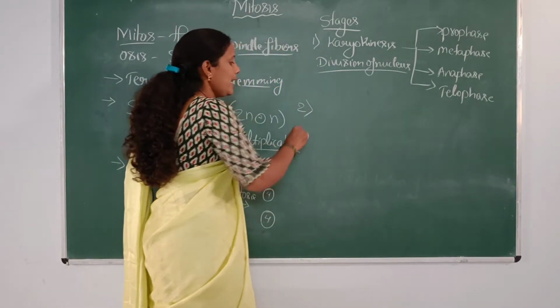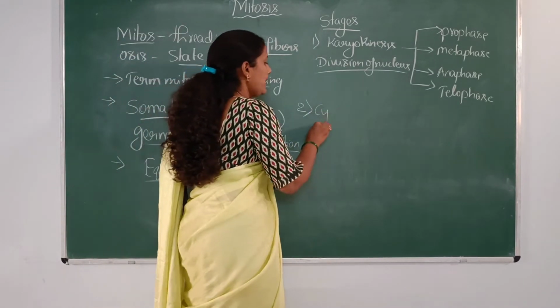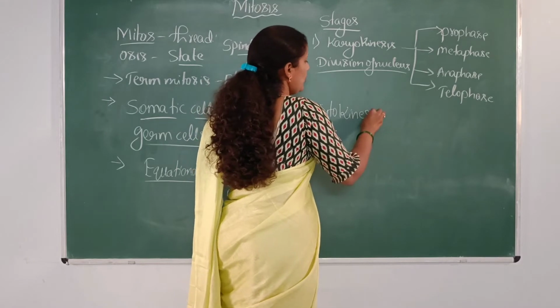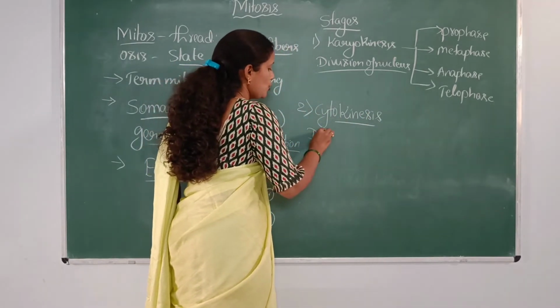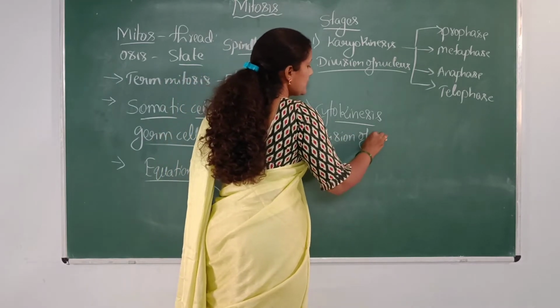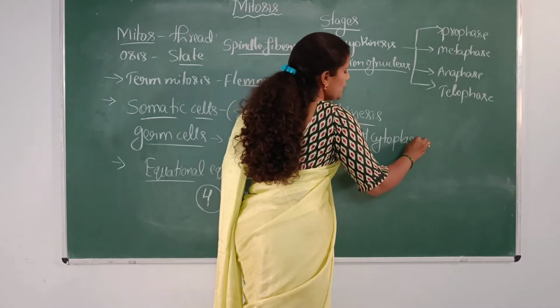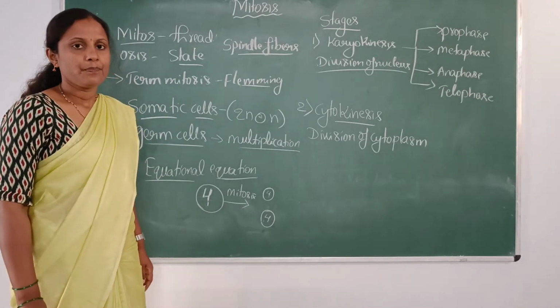And the second stage in the mitotic cell division is cytokinesis. And here the cytokinesis refers to division of cytoplasm. Division of cytoplasm is called cytokinesis.